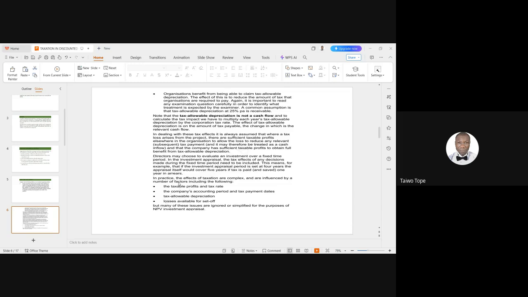Directors may choose to evaluate an investment over a fixed time period. So in the investment appraisal, the tax effects of any decisions made during the fixed time period need to be included.